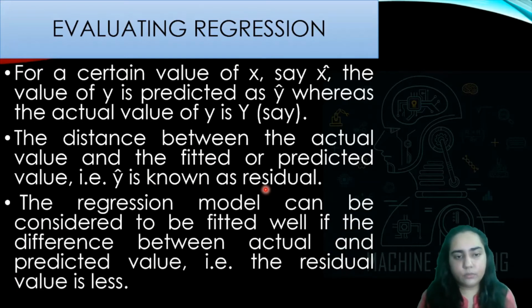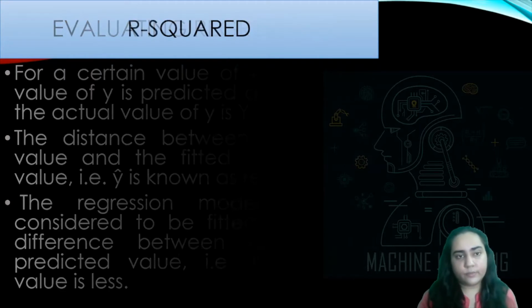And the regression model can be considered to be fitted well if the difference between the actual and the predicted value, which is the residual value, is less. So if you take all the residual values and you find that that is very less, then your regression model is considered to be fitted well. But if the residual value is more, you can see that the regression line is not properly fitted.